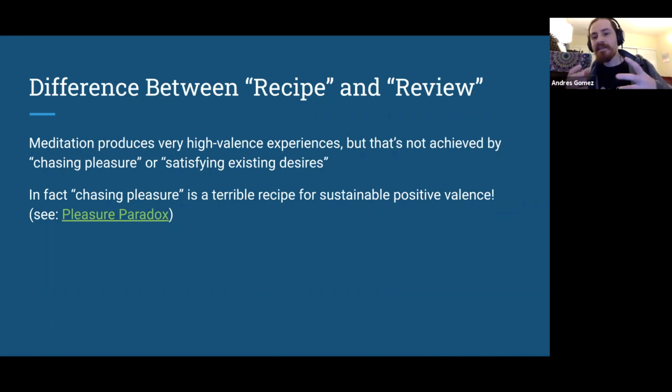It sounds like a fully neutral experience, like it's unrelated to valence, almost cutting out valence. But I would say that's just the recipe. That is the instructions for how you manage your attention in order to eventually change your brain to generate these very healthy, sustainable, high valence states. So I definitely want to overcome this prejudice that high valence is unrelated to spirituality. I think they're actually very deeply, intimately connected.